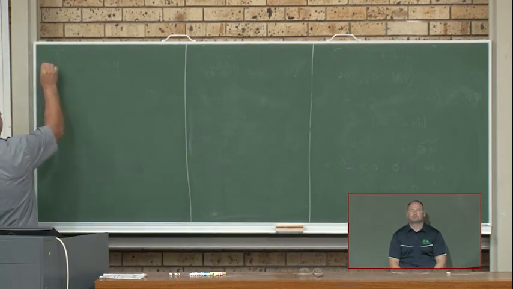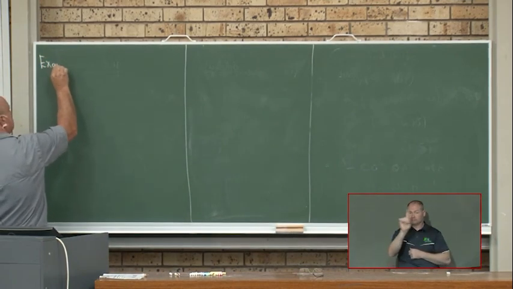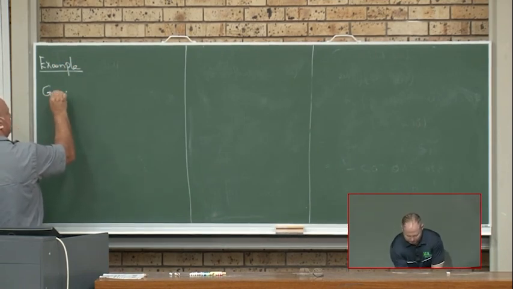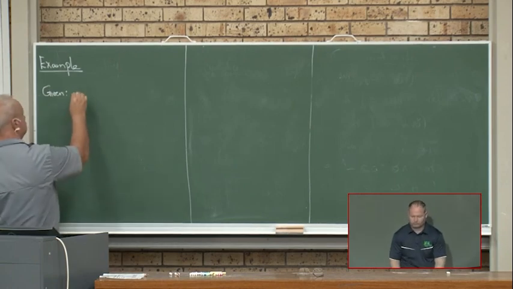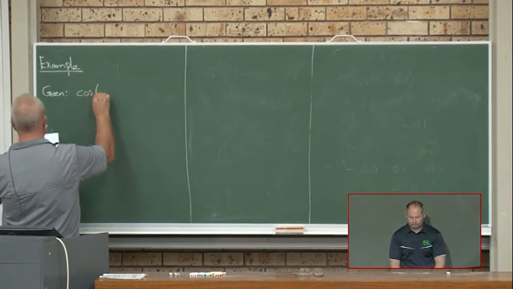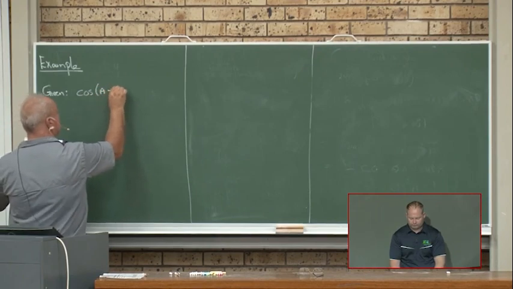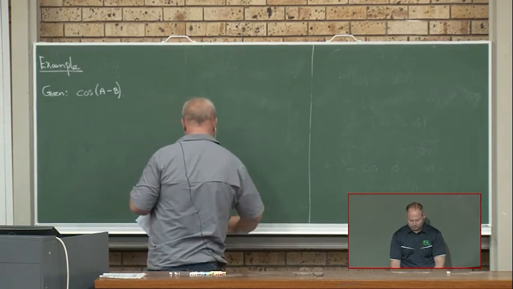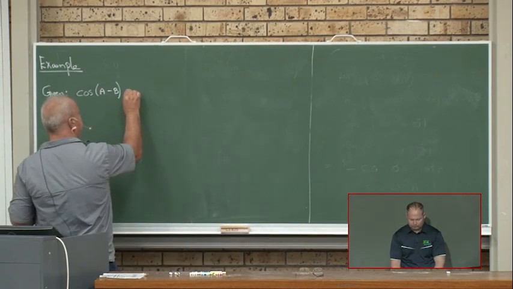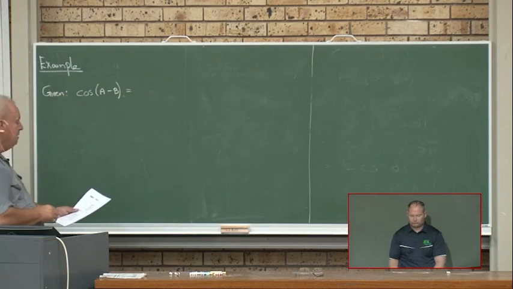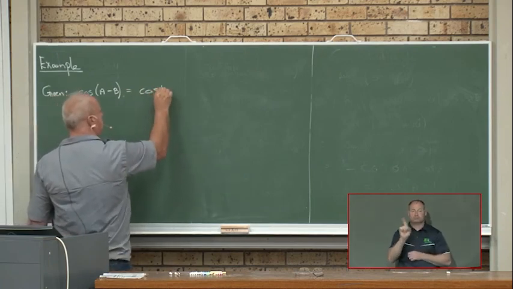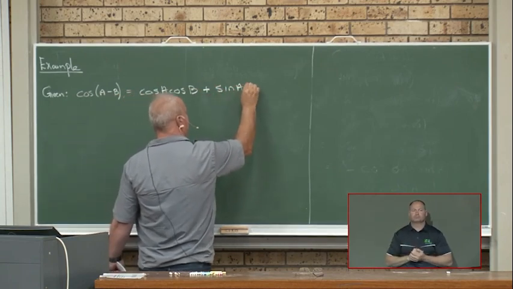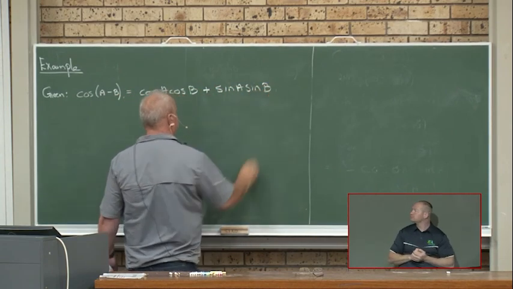Right, people, if they say to you, given the cos of A minus B is equal to cos A cos B plus the sine of A, the sine of B. All right.